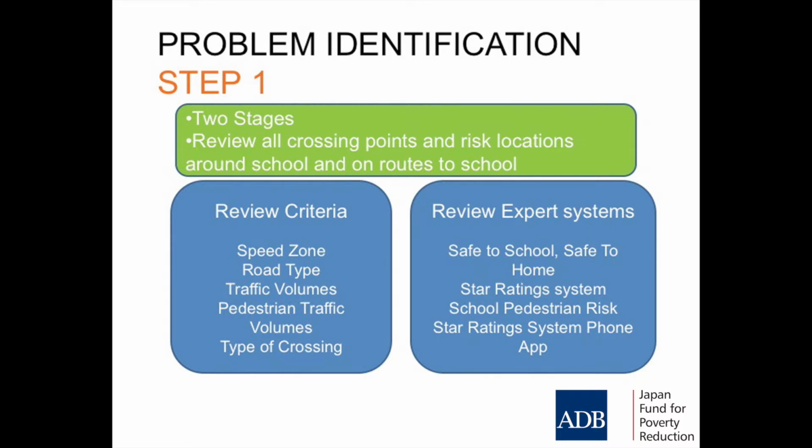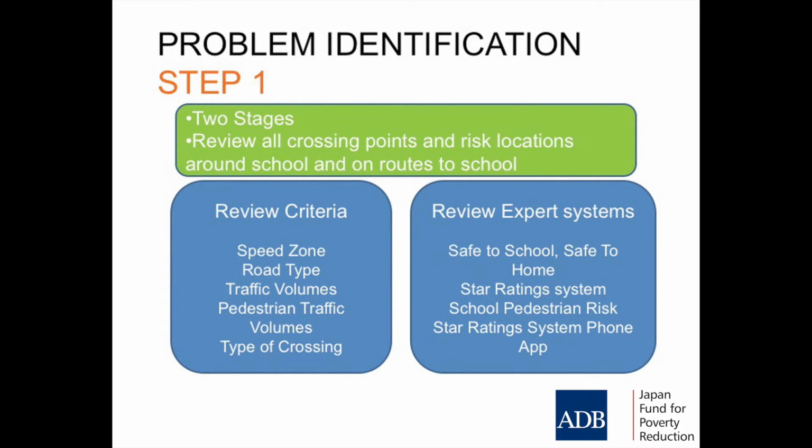What's the speed zone of the roads? What's the road type? How many lanes usually? What are the traffic volumes? More traffic, greater the risk. What are the pedestrian volumes? Is it a part where a lot of kids go out of the gate? The more pedestrians, the more the risk to the kids. And finally, is there any assistance for them to cross the road?